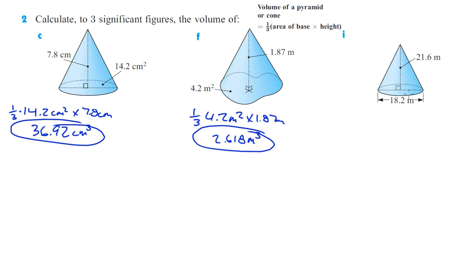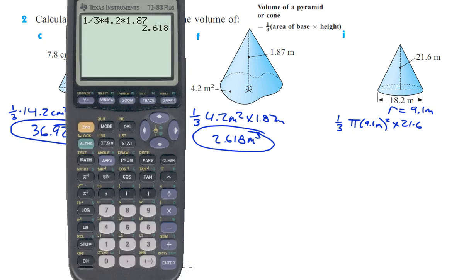Again, they're not giving us the area of the base, but they do give us the diameter. That means the radius is going to be half of that. Half of 18 is 9, half of 0.2 is 0.1, so we have 9.1 meters. We can do the area of the circle, which is pi r squared. So pi times 9.1 meters squared times our height, which is 21.6, and we have to take 1/3 of that.